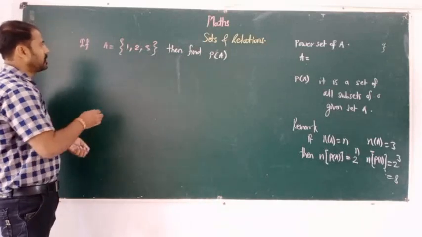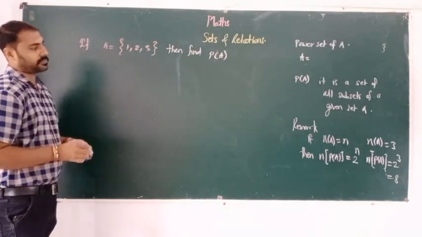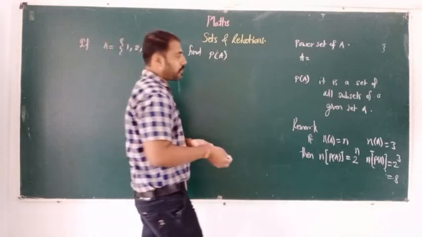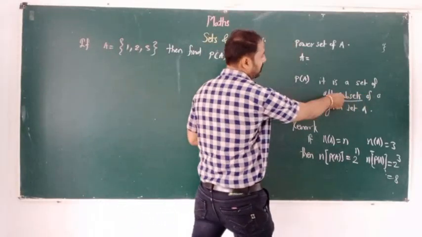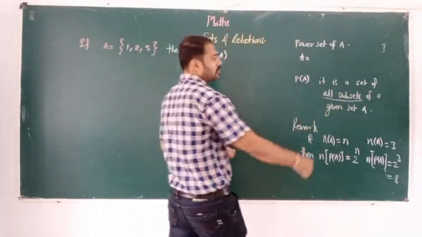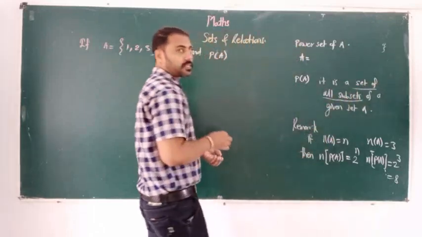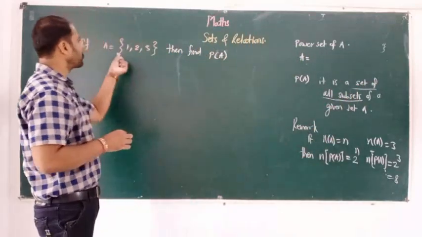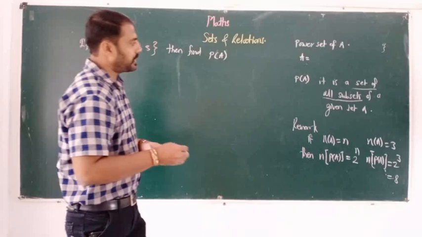So, tell me, subsets of A. Clearly, the power set is nothing but the set of all subsets. Tell me the subsets of the given set A. I am writing here.